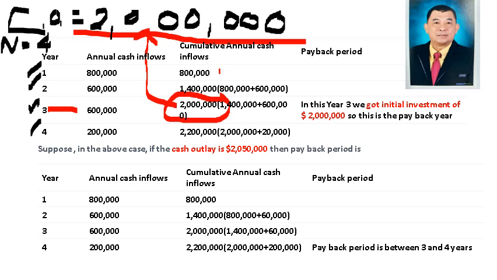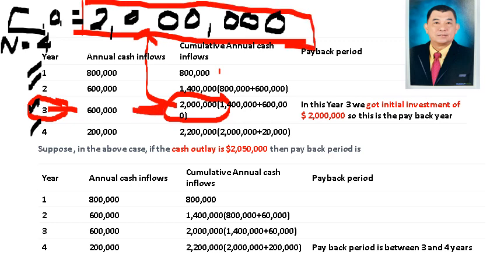Therefore, the payback period is 3 years. Meaning to say, you can recover your capital investment within 3 years. Okay? Within 3 years, you are already recovered. Okay? Alright. So, that is very, very easy.